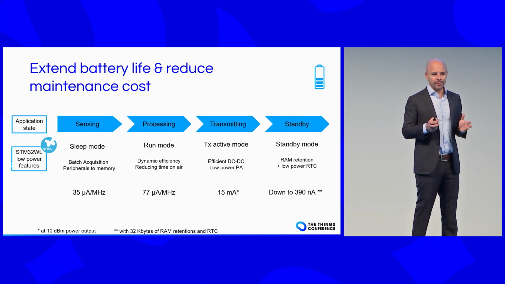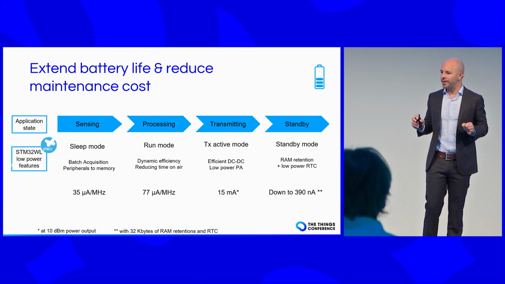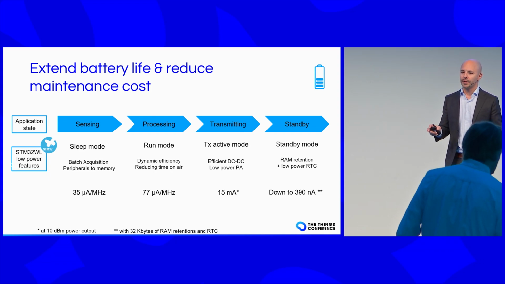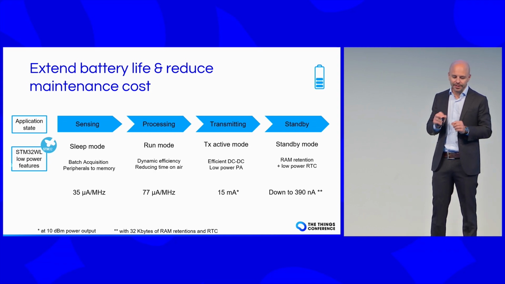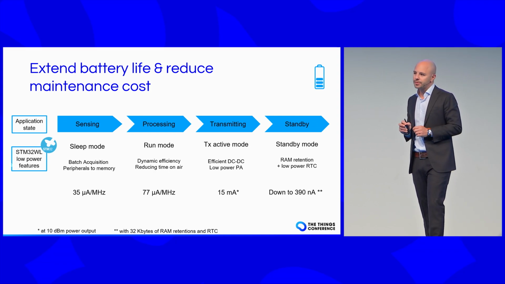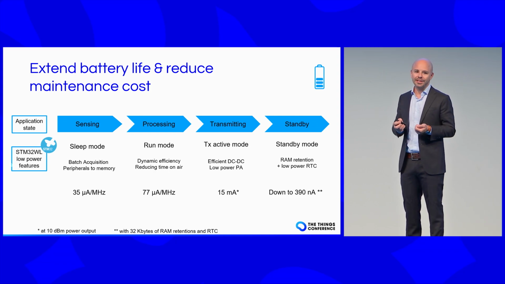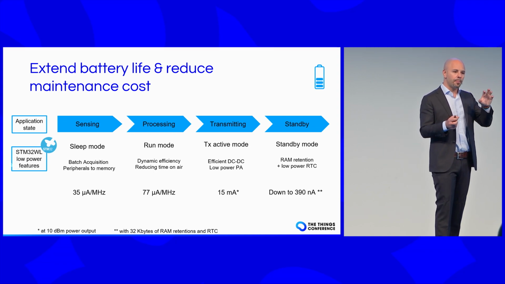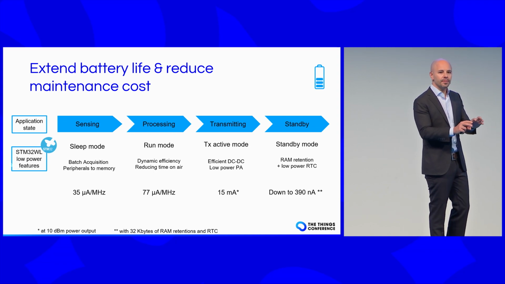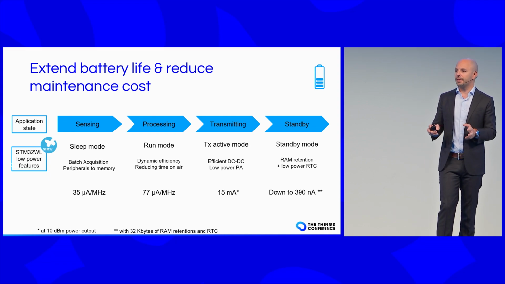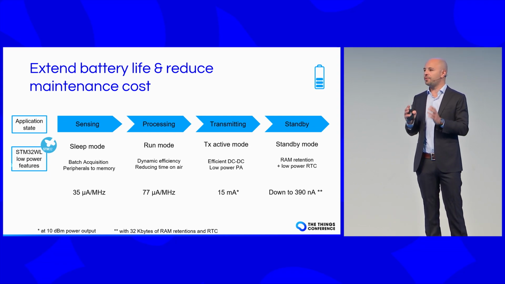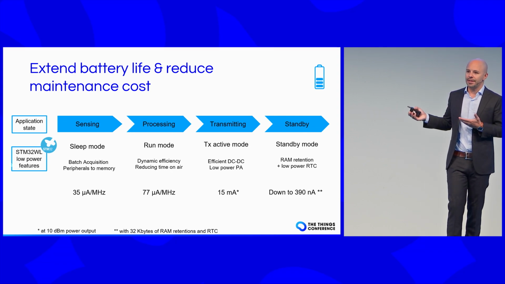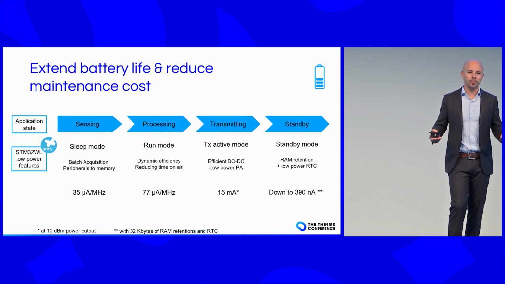Optimizing power consumption is something really application-dependent. So this is not a one-size-fits-all solution. It has to be tailored. It's really a tailored process, because developers need to optimize each state of the application in a way to power only what is necessary, when it is necessary, and with the most efficient power supply available. And this is exactly what the STM32WL provides to developers.